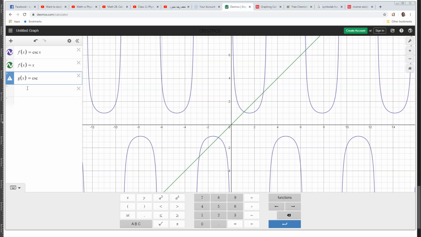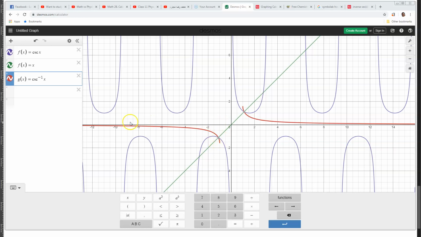cosecant inverse of x, you see that it gives me this function here, and this is actually the main branch of the function. I still cannot remember the term. It's the principal value branch of the function.